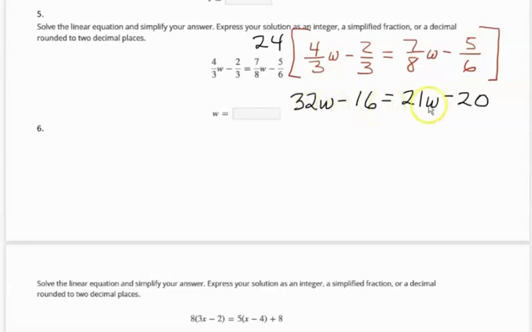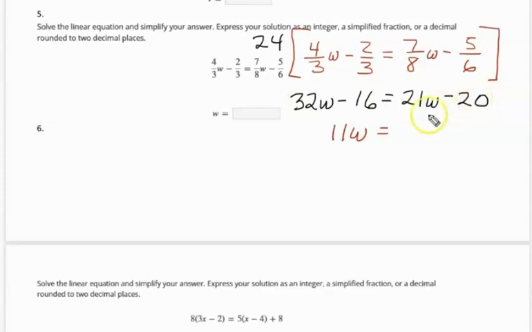Okay, if you have something like this, now we're going to combine like terms and see what you get. So this is going to be 11W. As we transpose that and do the subtraction, we're going to add 16 or transpose that on this side.